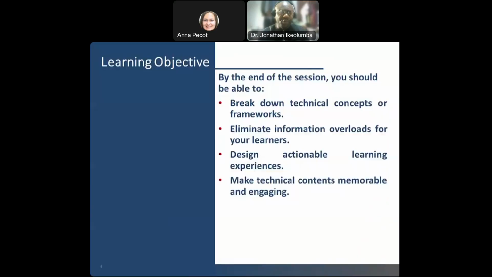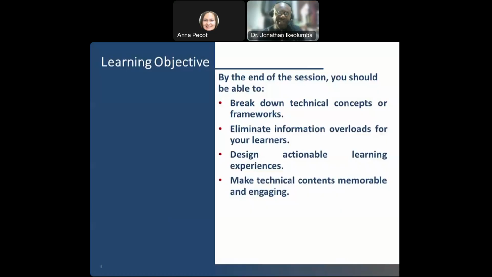What I'm hoping we will do with this session is basically four things. I want to help break down technical concepts and frameworks, the art of breaking it down. If you find yourself having to deliver something technical, complex to understand especially at first glance, how do you break it down for your learners to really understand?